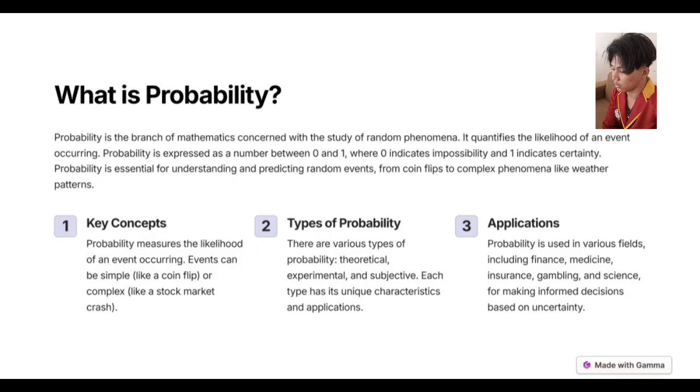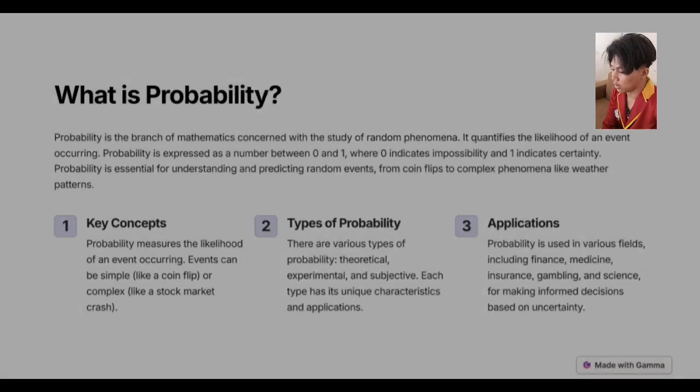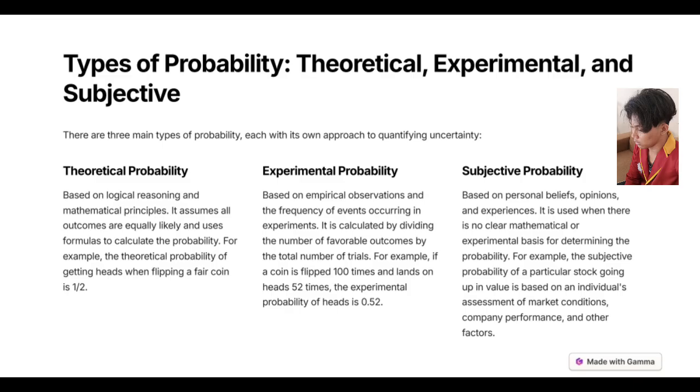Each type has a unique characteristic and application. Number three, applications. Probability is used in various fields, including finance, medicine, insurance, gambling, and science, for making informed decisions based on uncertainty.